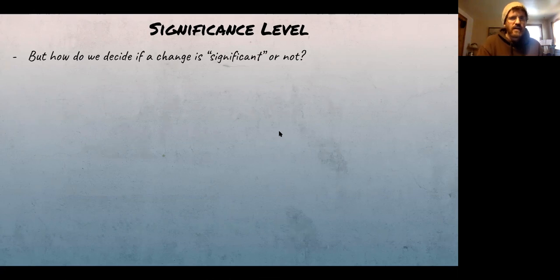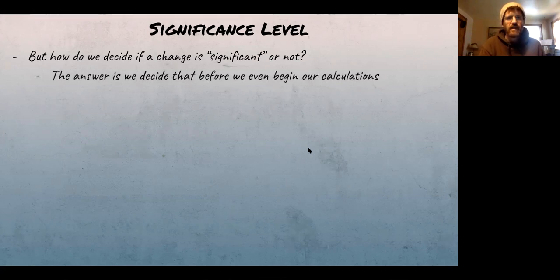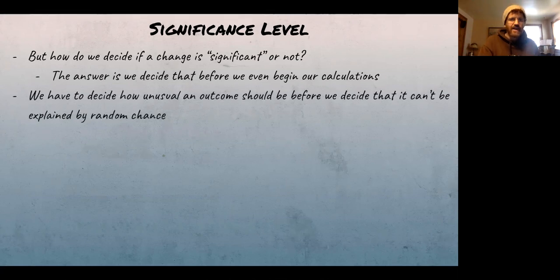So how do we decide if a change is significant or not? We need to decide that before we even begin our calculations. We have to decide how unusual an outcome should be before we decide that it can't be explained by random chance. So before I go any further, what's maybe a significance level that would make you kind of doubt that it was random chance that made it happen?